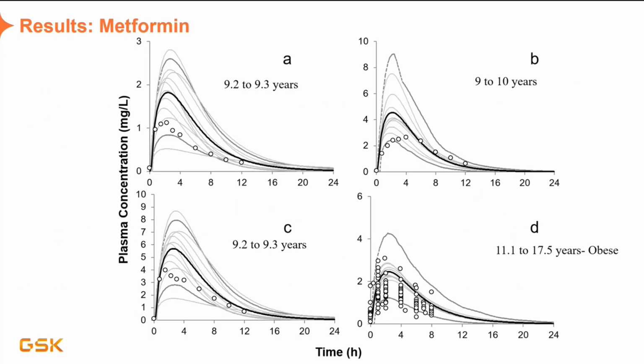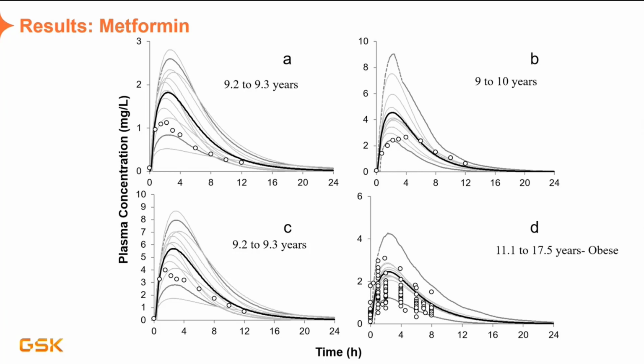We have, again, children data here, but the interesting part about it is that we have data in girls from metformin in the age of 9 to 10 years, the three graphs, and we also have the obese children that metformin is administered to. So in this case, we don't have the obese pediatric population. I hope that we have it in the near future, but at the moment we don't have.